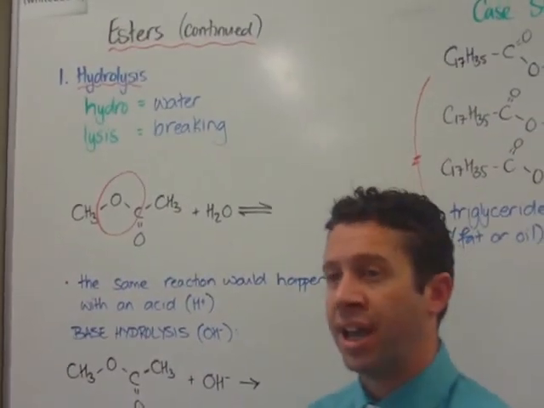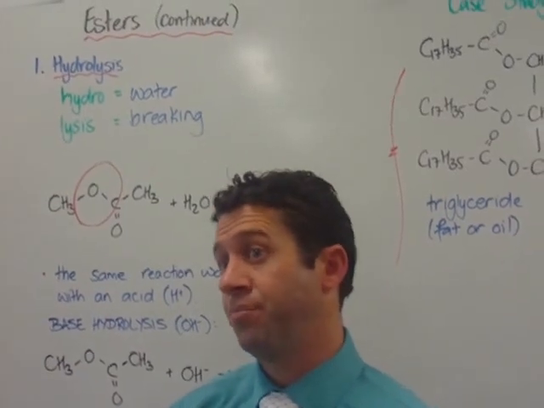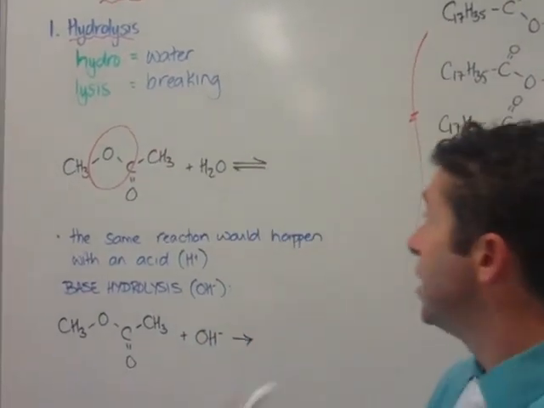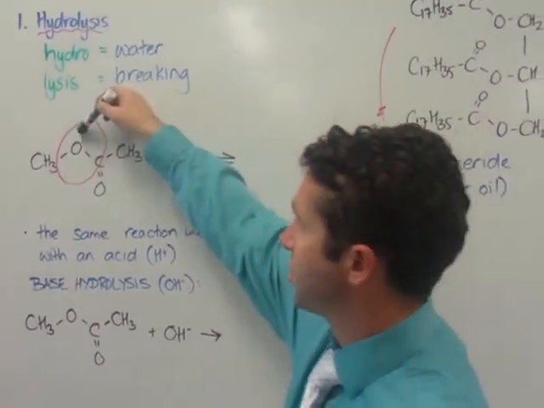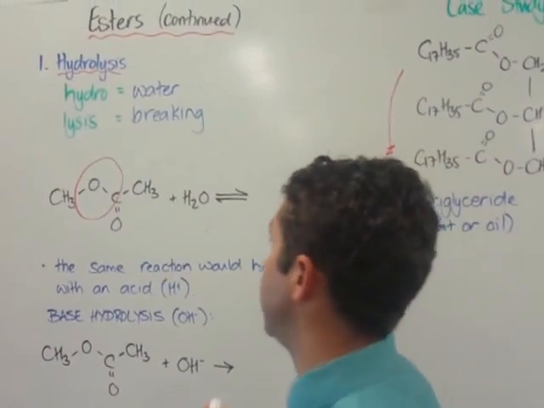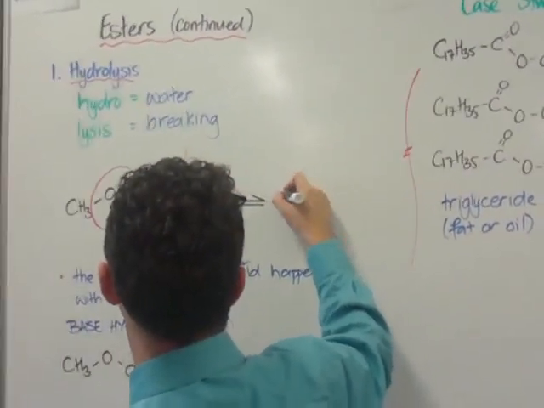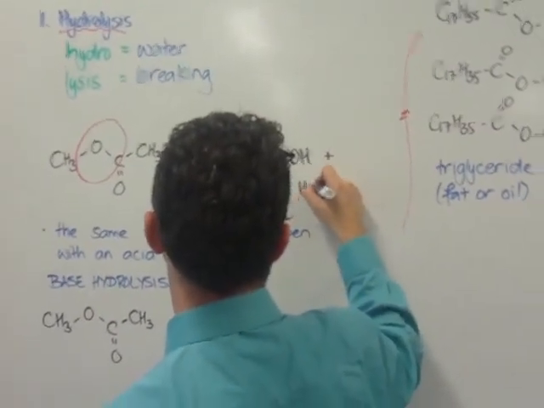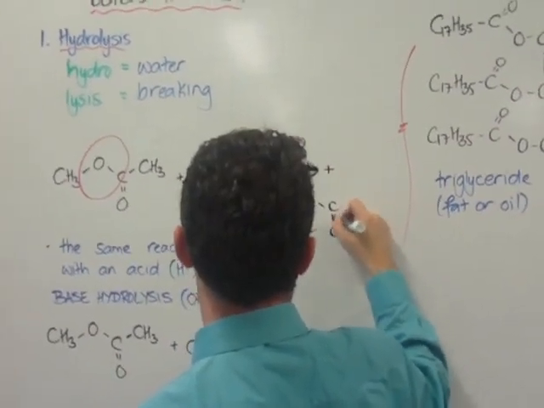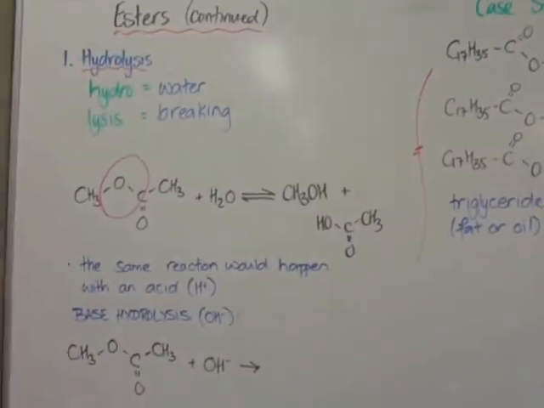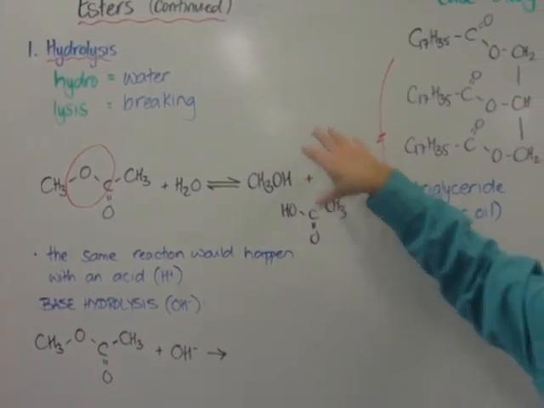Here I'd like you to think of water as HOH. So think of it as HOH, makes this a little bit easier to understand. So the H is going to go on here, and the OH is going to go in here, effectively. So we end up with these two start things that we could have made that ester from.